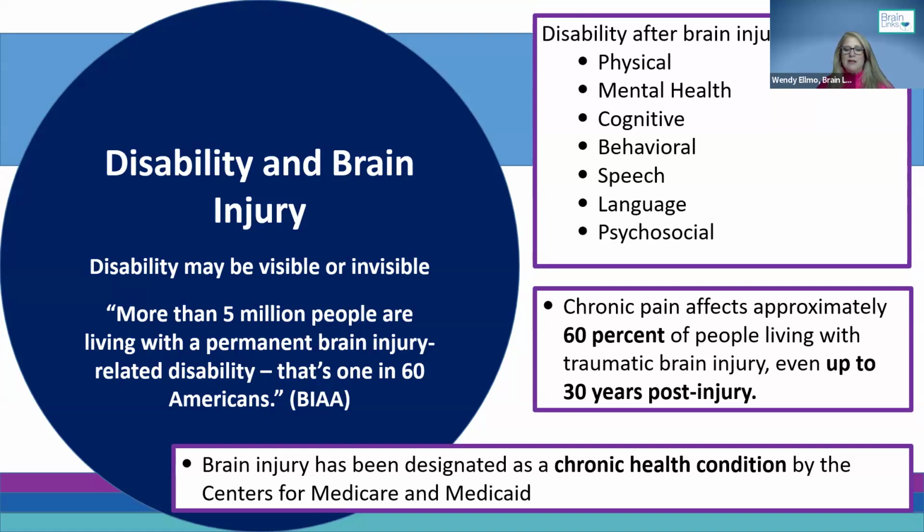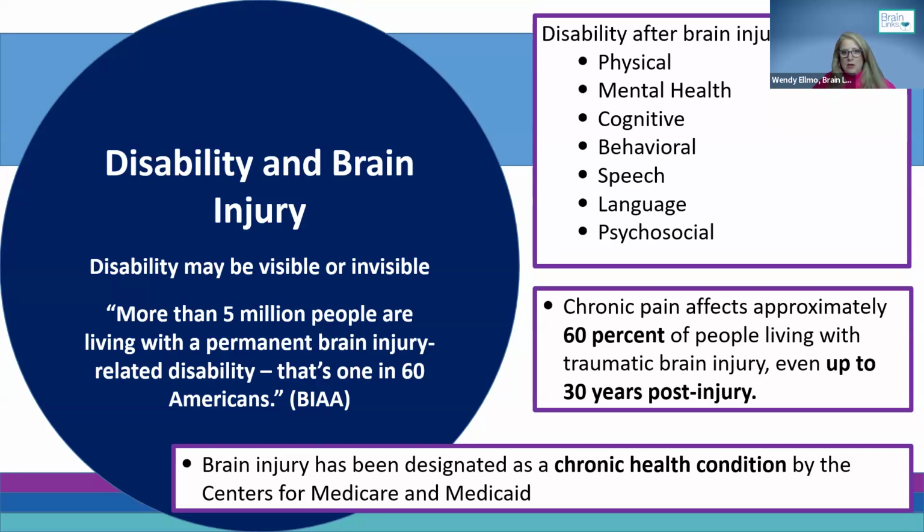And brain injury has finally been designated this last year as a chronic health condition by the Centers for Medicare and Medicaid. That was a very big deal because it is lifelong, or doesn't have to be, but can be, and it's finally being recognized for that.